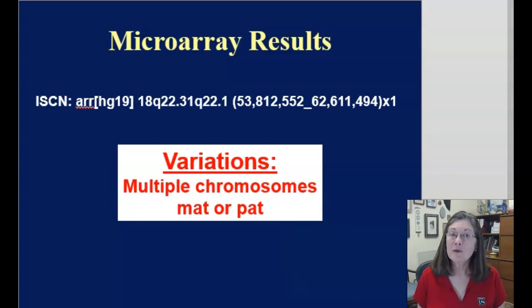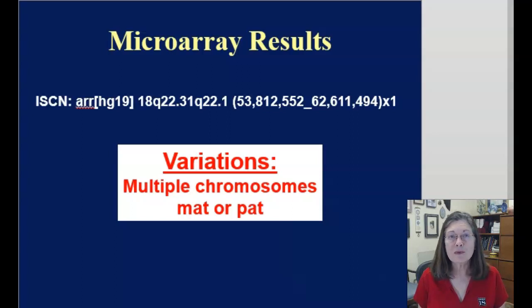Now, if you remember, I showed you that anything you could do with scissors, glue, and a copy machine can really happen. And it does really happen. And each of us has small duplications and deletions within our genomes. So if a duplication or deletion was identified in a microarray, that's why they usually also do the parents.